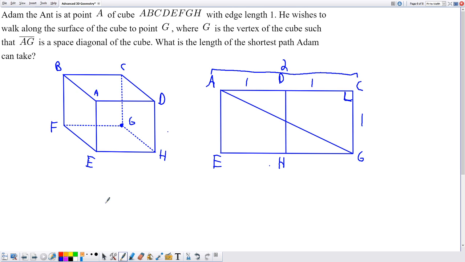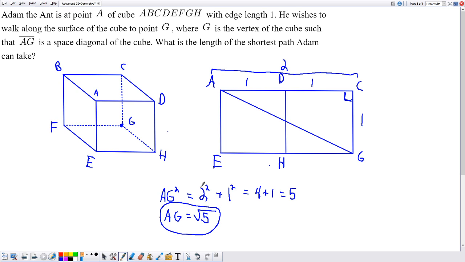AG is the hypotenuse. We would have AG squared equal to AC squared, which is 2 squared, plus CG squared, which is 1 squared. And that would be 4 plus 1, which is equal to 5. So, if AG squared is 5, that means AG is equal to the square root of 5. And that would give us our answer.